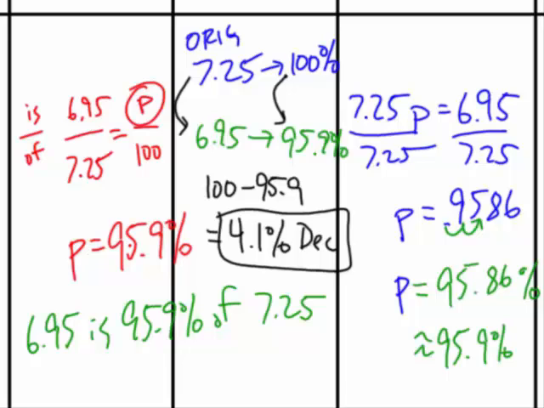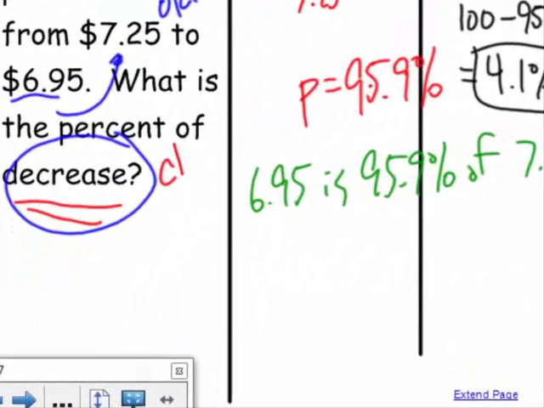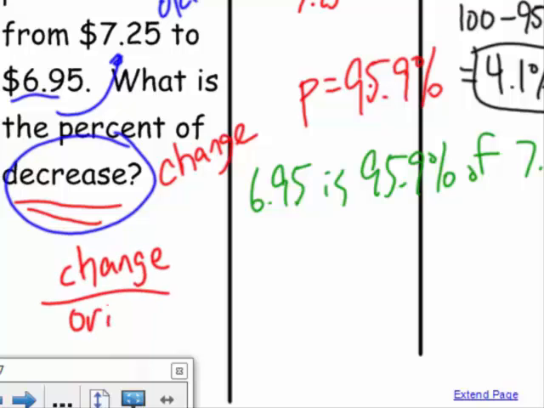The other way to do it is anytime you're finding a percent of change, or a percent of increase or decrease, if you can remember this, change over original, that'll help you. Change over original. If you can take how much it changes and divide it by the original amount, that'll also give you the percent.